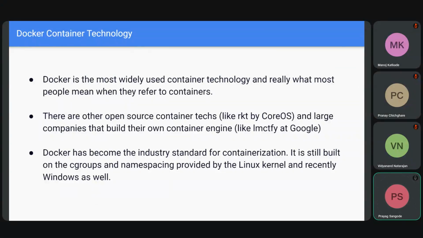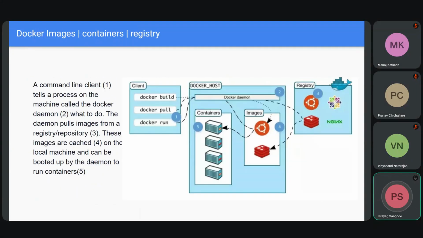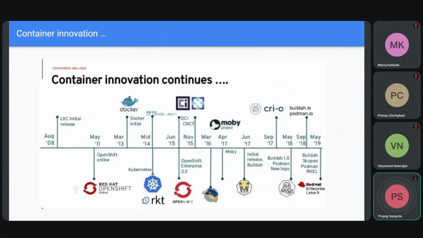But Docker is not the only company which provides containerization. There are many others, like Rocket, RKT by CoreOS, and LMCTFY by Google. There are other container technologies as well, and we'll see this later. There is a process by which containers are built from images, shown here.